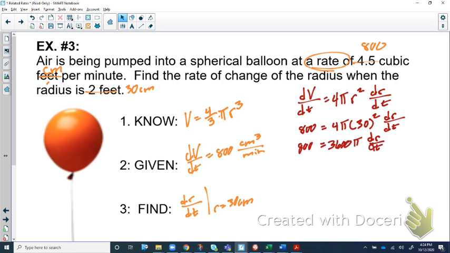So that'll give me, when I divide 800 by 3600 pi, the 800 over 3600 simplifies to be 2 over 9 pi, and in this case, dr dt is just a length, so that would be centimeters per minute, equal to dr dt. And there we go.